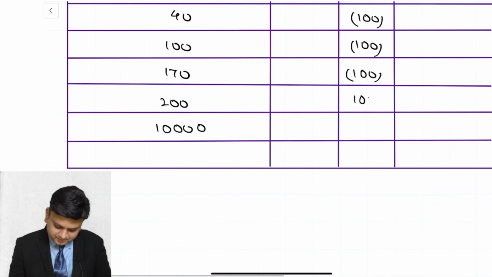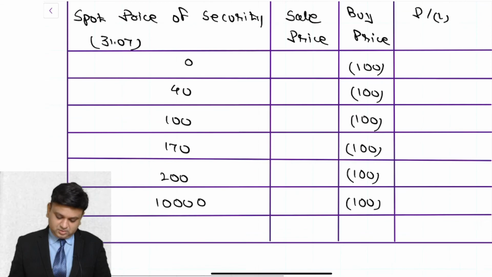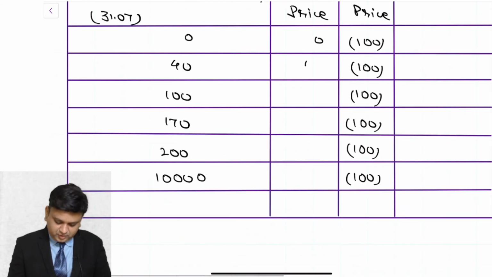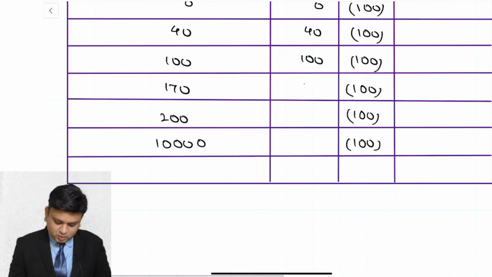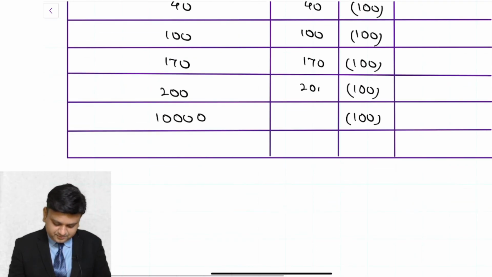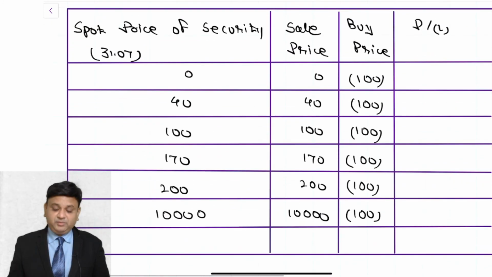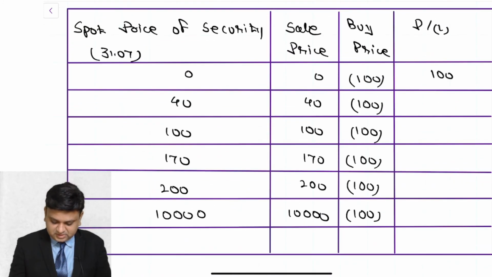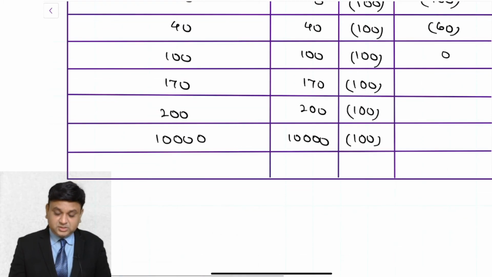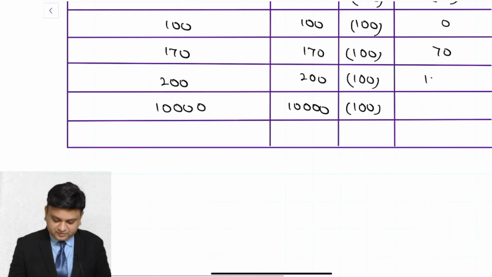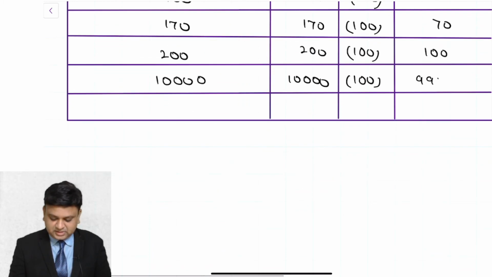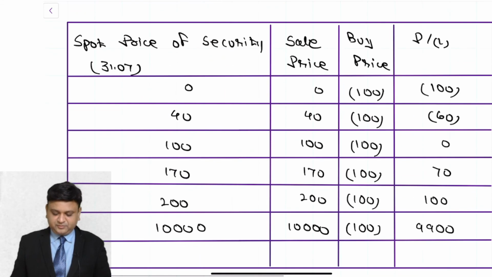And we are having an assumption that on the same day it will be sold: no value, 40 rupees, 100 rupees, 170, 200 and 10,000. So there will be a loss of 100 rupees, loss of 60 rupees, no profit no loss, profit of 70, profit of 100, profit of 9,900. That is the way the profit or loss for the different spot price of the equity share can be calculated.